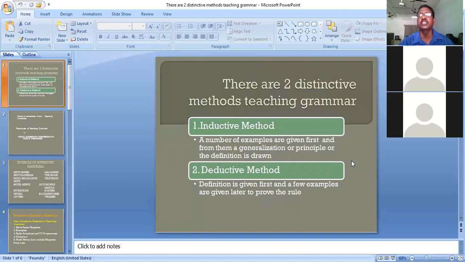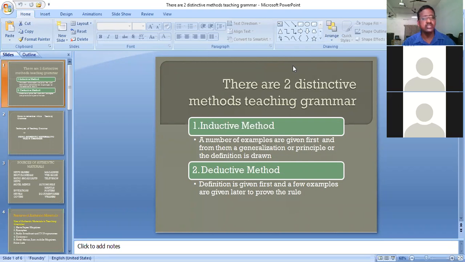In this way we give a number of examples of plural sentences. We can form plural subject, plural be form, and noun. You can give a number of examples and infer the rule in the inductive method. We can teach grammar incidentally whenever necessary, whenever there is need, not for grammar's sake. According to the incident, we can teach the grammar here.